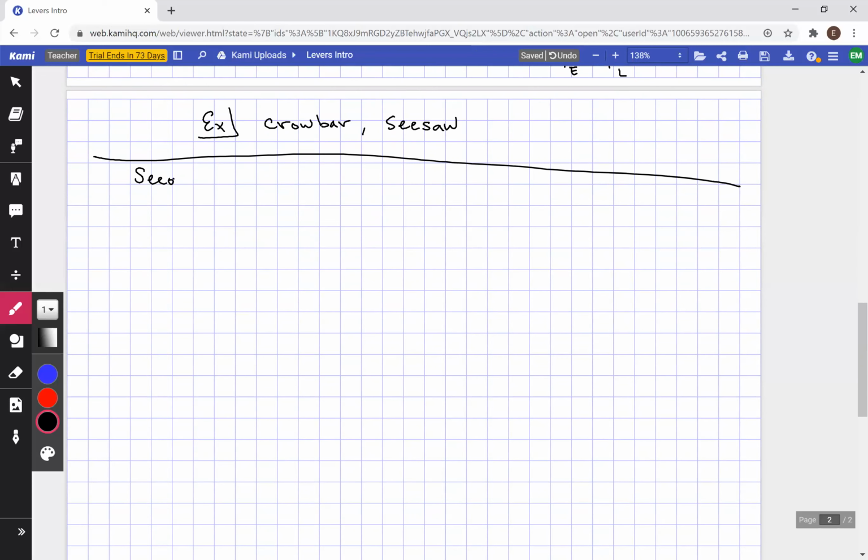Now these two have some things in common. We'll talk about what they have in common first. For these two, the fulcrum is going to be located at one of the endpoints, or one end of the lever.